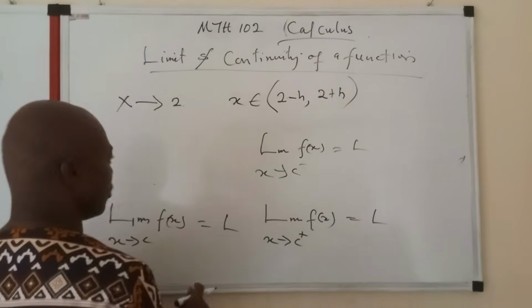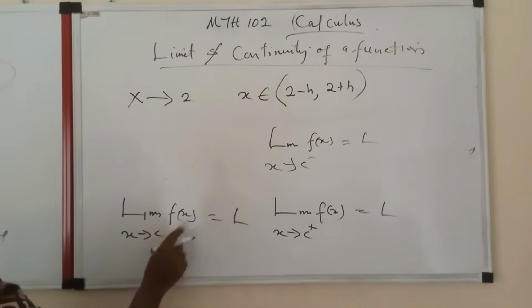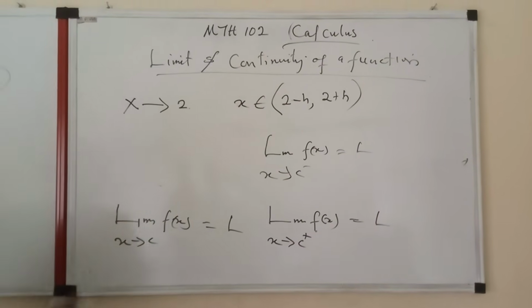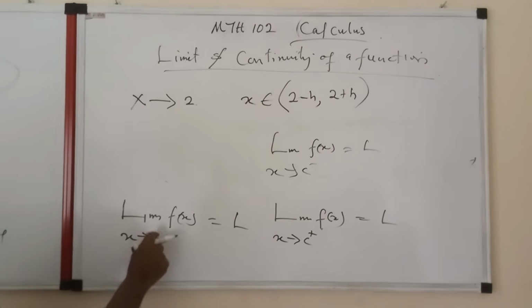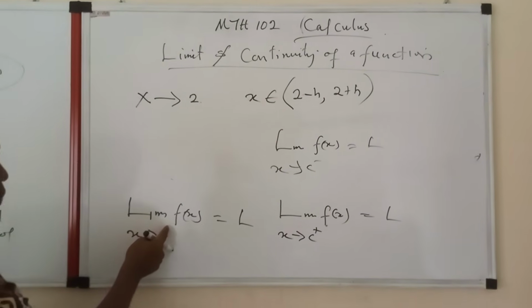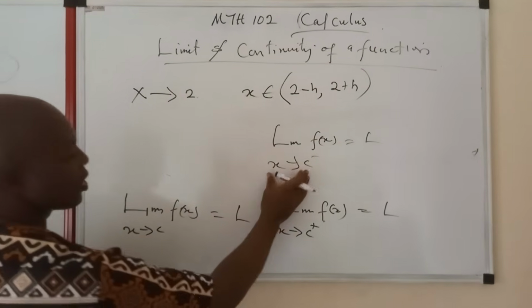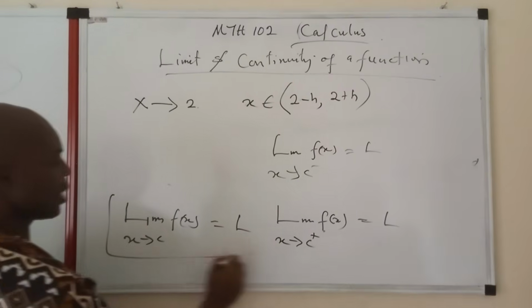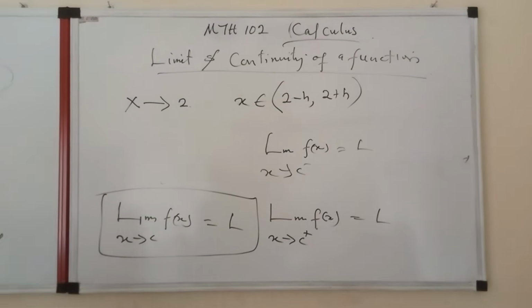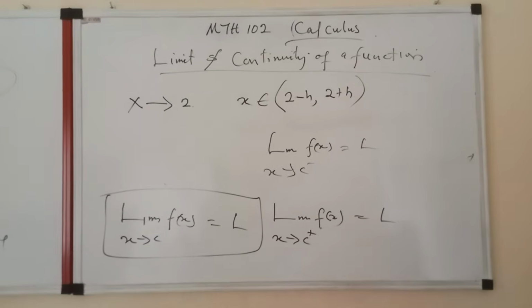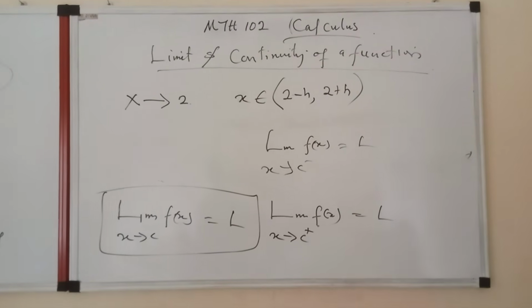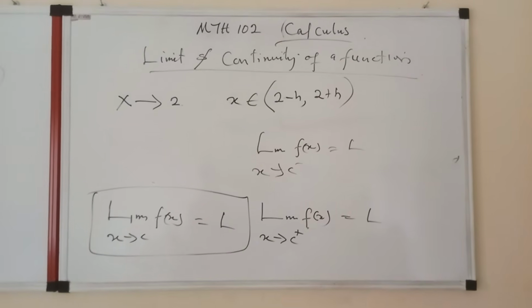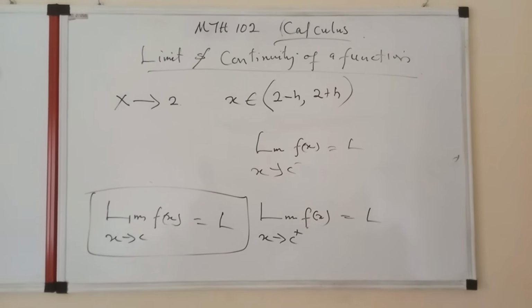So this one that we have means as x approaches that number in the neighborhood of c, because there is no negative or positive sign. This one means strictly from the left, this one means strictly from the right, whereas this other one that we have is talking about the neighborhood of c.